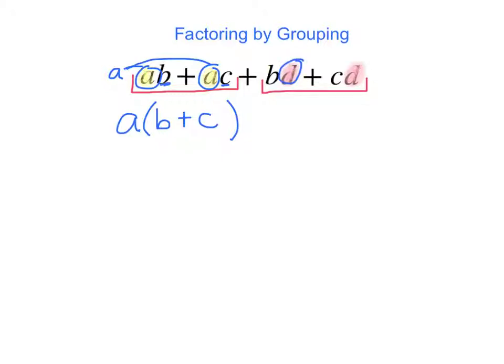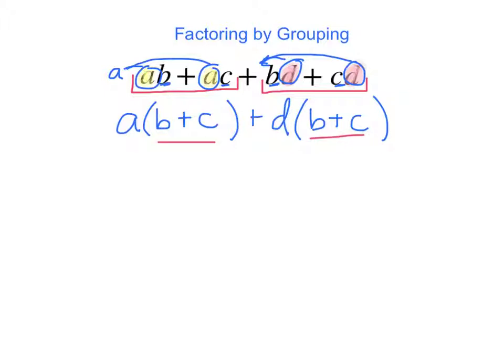We're going to take out that D, and that's going to come out front. So that's going to be a positive D, and what's left in the parentheses, again, B plus C. And that is significant. Yes, the two do match, and they're supposed to. So now what we want to notice is that what we actually have here is A times a value in parentheses plus D times a value in parentheses, and that's kind of similar to saying this.